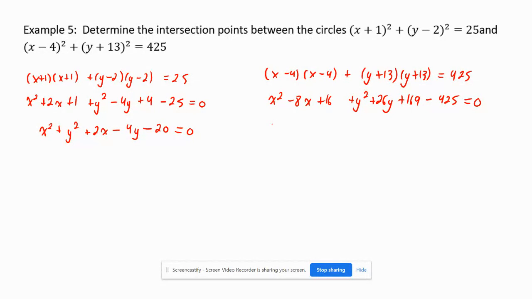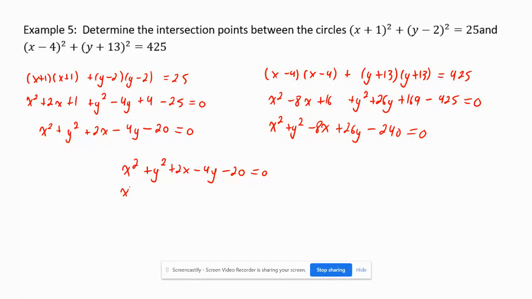I'm just going to regroup this as x² + y² − 8x + 26y, 16 plus 169 is 185, minus 425 is −240, equals 0. Okay, so now we have these two equations. What I'm going to do next is stack these two equations on top of each other like this. And hopefully what you see is that we're set up for elimination next.